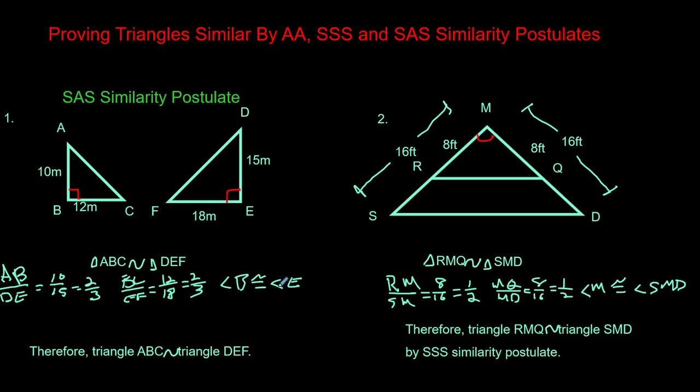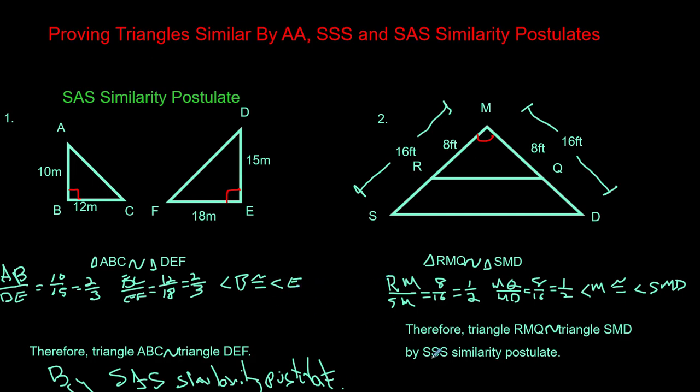Angle B is congruent to angle E. Therefore, triangle ABC is similar to triangle DEF, and we should write in here by side, angle, side similarity postulate. And sorry about the messy writing.